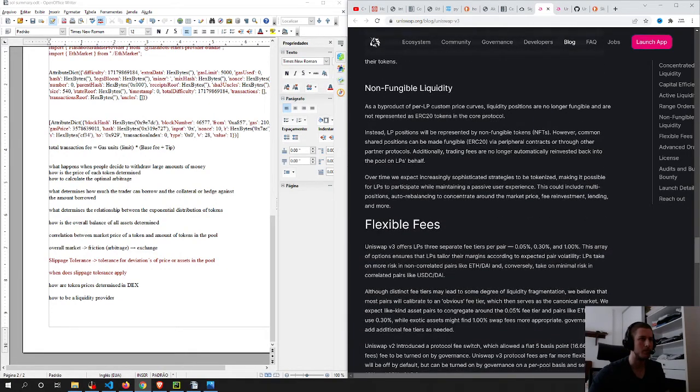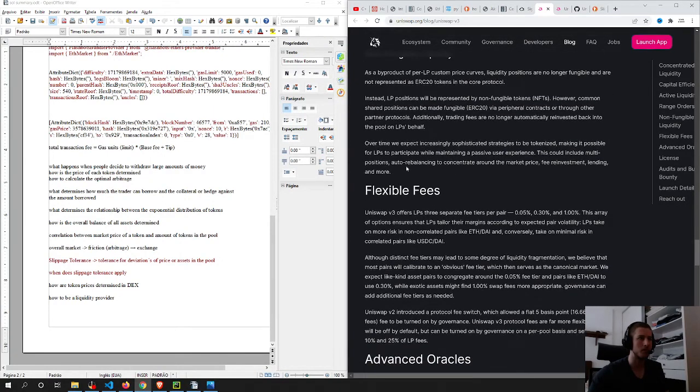Non-fungible liquidity as a byproduct of per-LP custom price curves: liquidity positions are no longer fungible and are not represented by ERC-20 tokens. Instead, LP positions will be represented by non-fungible tokens. However, common shared positions can be made fungible via peripheral contracts or through other partner protocols.